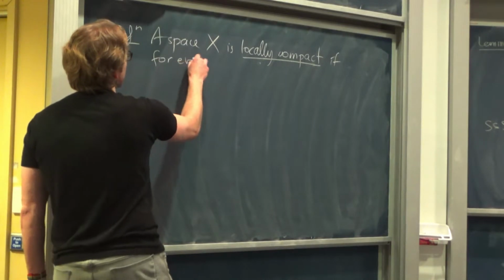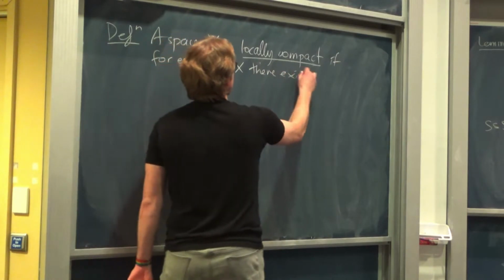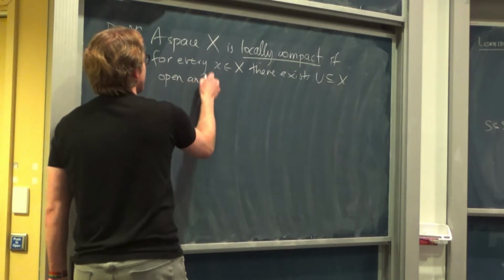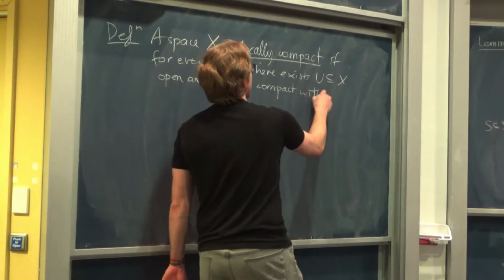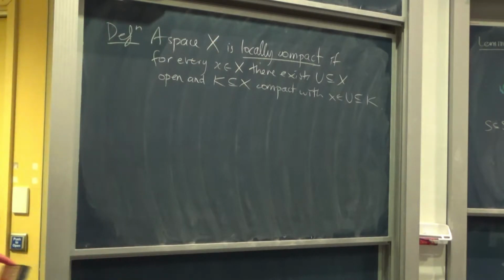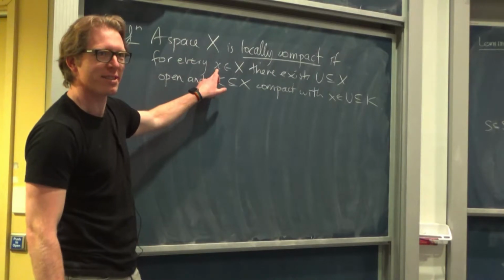So if for every x in X there exists U in X open and K in X compact with x in U contained in K. I can't just say there's a compact subset of X which contains little x, because if X was Hausdorff and I just take the singleton x, that's finite and discrete and therefore compact.